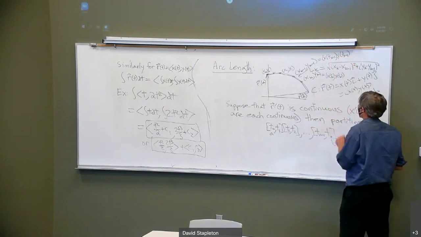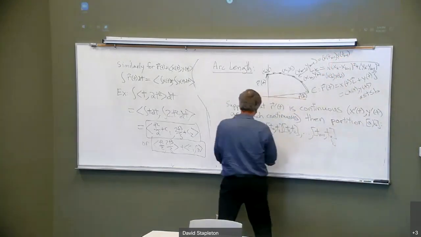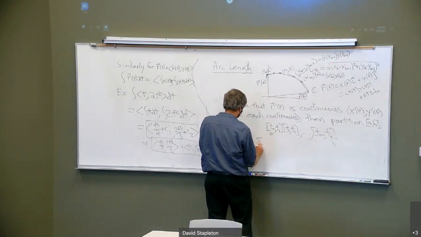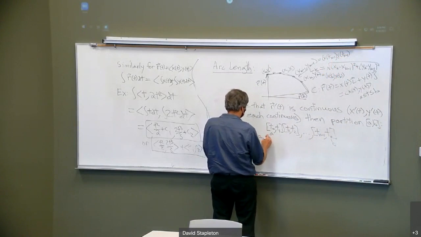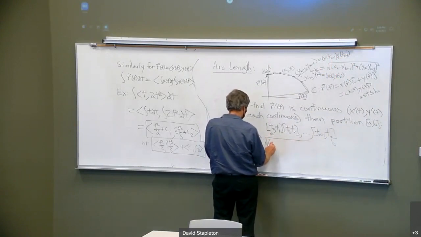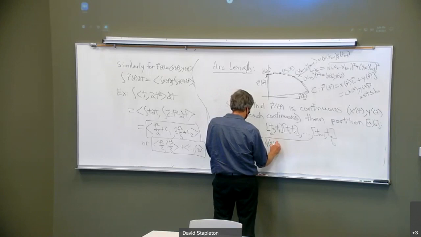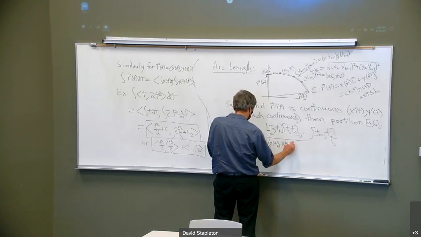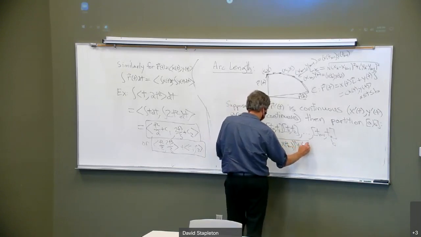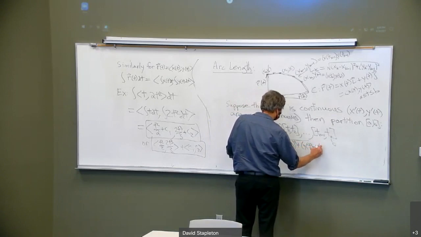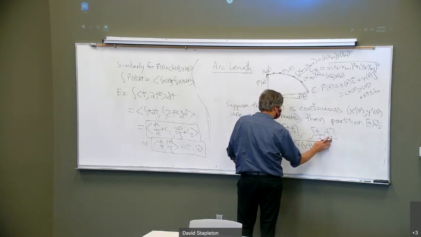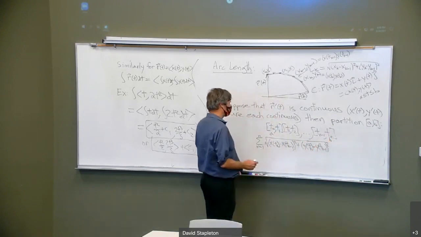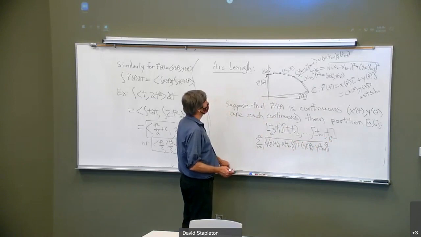And so the line segment length is the sum, k equals 1 to n, since there's n segments, of the lengths of the segments: the square root of x of tk minus x of t(k minus 1), squared, plus y of tk minus y of t(k minus 1), squared, and we sum that k going from 1 to n. That's an estimated arc length.